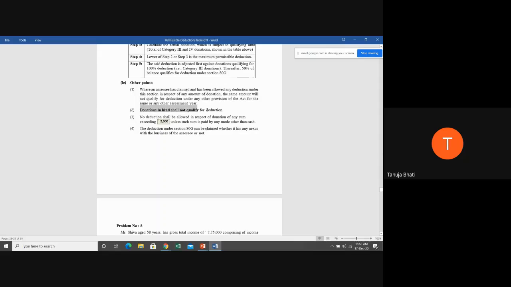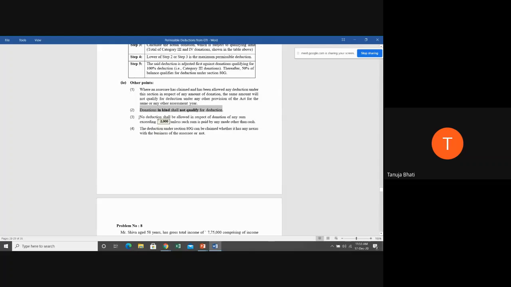When donation is made in kind, it will not qualify for deduction. If you're making a donation in kind, like giving some clothes or some books, that will not qualify for deduction because it is given in kind. So to qualify for deduction under this section, the donation should be in any mode other than kind.